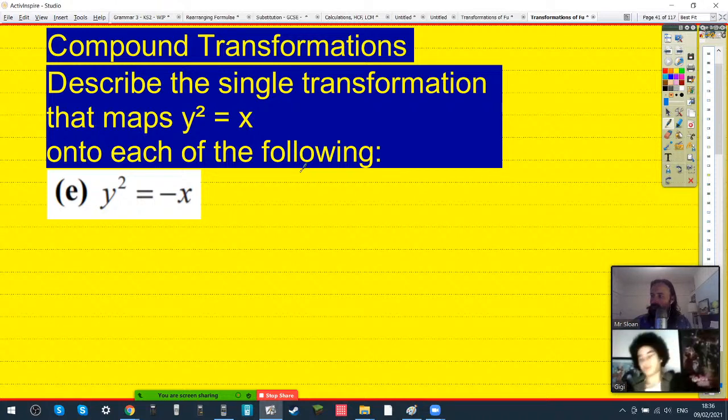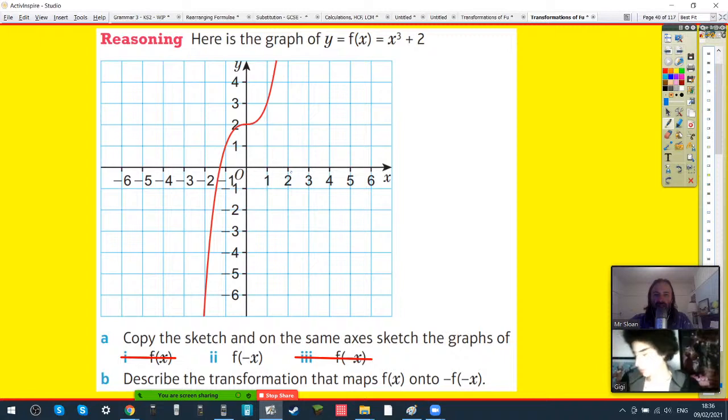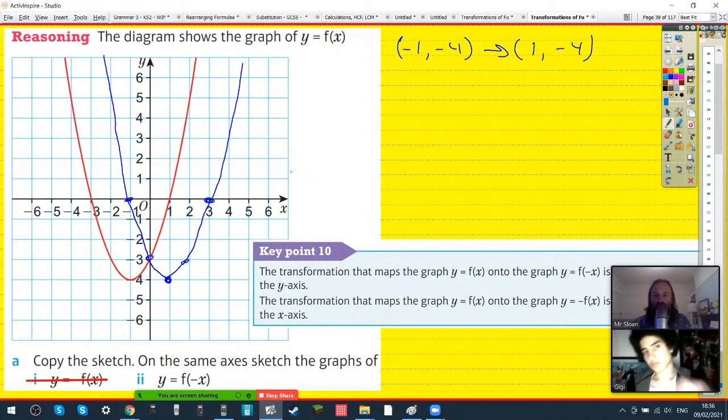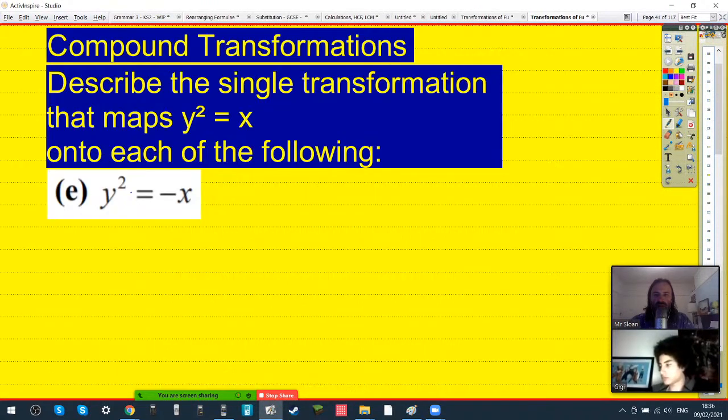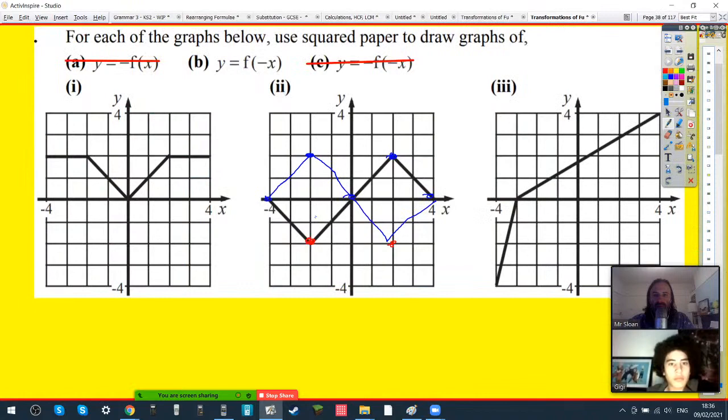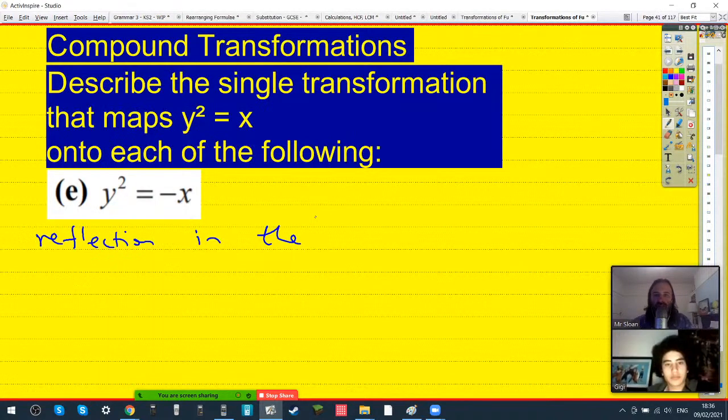I don't understand. What is this called? The x became a minus x. It's a reflection. Yeah. And what's the mirror line? Mirror line is y. Yeah, reflection in the y-axis.